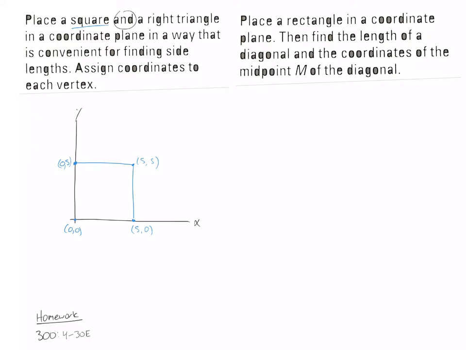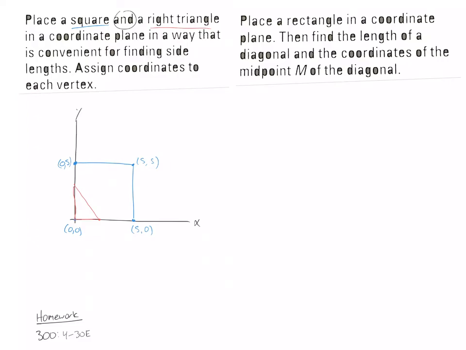Now it also wants a right triangle. And so I'm going to go ahead and put that in here as well. I'll put a point here and a point here. Connect these. So now we're looking at this right triangle right here. So notice that point 0, 0 is still there.